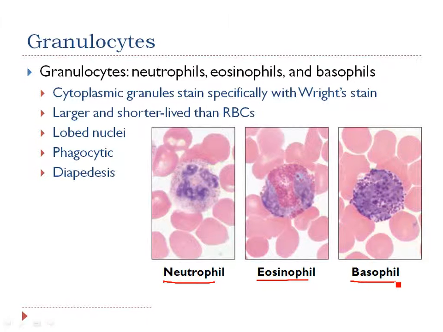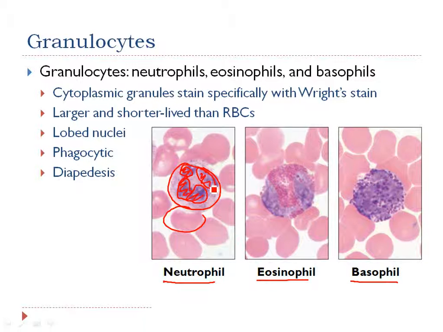In general, these three types of cells are pretty large compared to red blood cells. They have one nucleus, but if you look here, the darker staining portions in these cells, that's the nucleus.